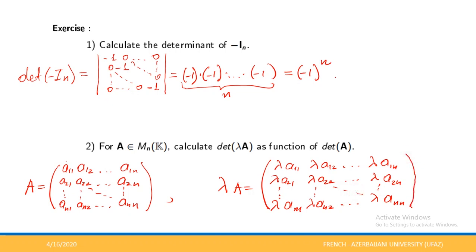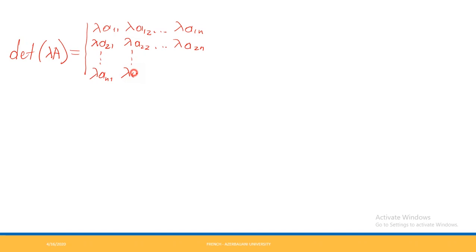Okay, let's calculate the determinant of lambda A. Then the determinant of lambda A will be the determinant of lambda a11, lambda a12, lambda a1n, lambda a21, lambda a22, lambda a2n, lambda an1, lambda an2, lambda ann, is equal to, here over the first column we use the linearity for the determinants.